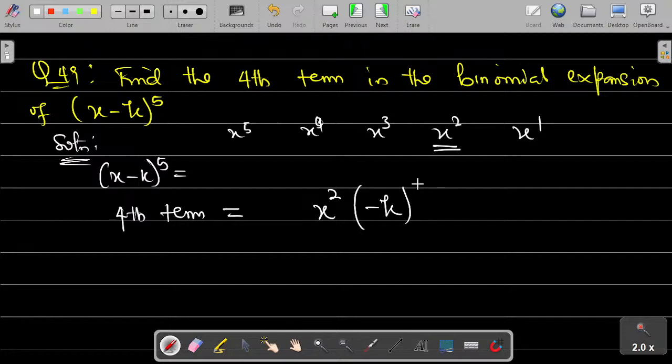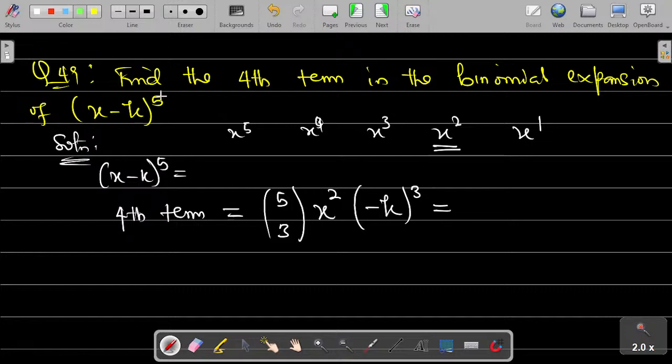Remember I said that the sum of the two powers will always be equal to the total power that you are given. So that means this is going to be to the power of 3, and then you will get your combination, which will be 5 combination. Whatever will be down here will be the power of the second term in your expansion. All right, beautiful. So once you're able to get this, it's easy. You don't need to expand everything to get any term.